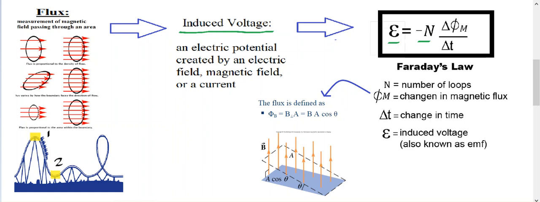Now when we describe magnetic flux, we describe it as the magnitude of your B field times the area you're measuring, because remember over here in this third slot down here, flux is proportional to the area within the boundary. So how big the area you're measuring times the cosine theta, where the angle is the angle between the B field and the plane being measured.